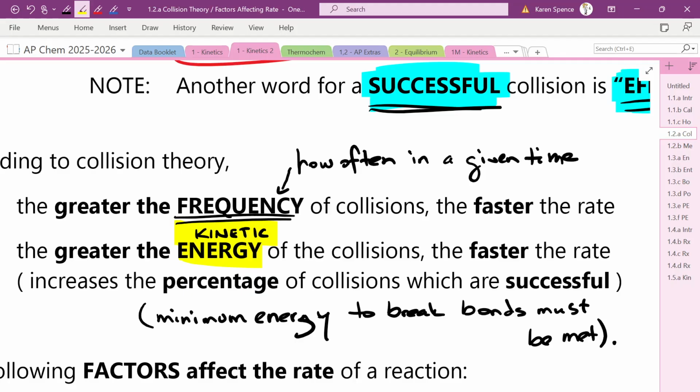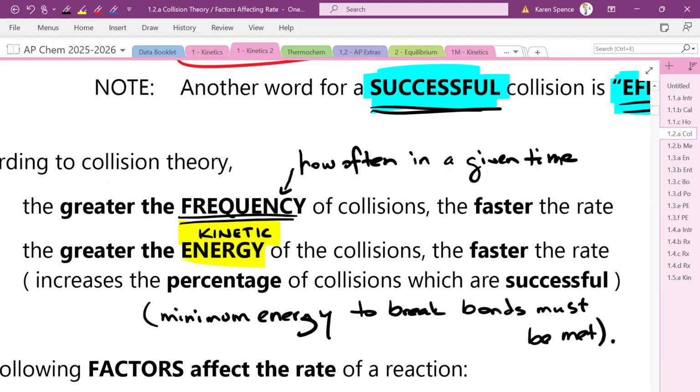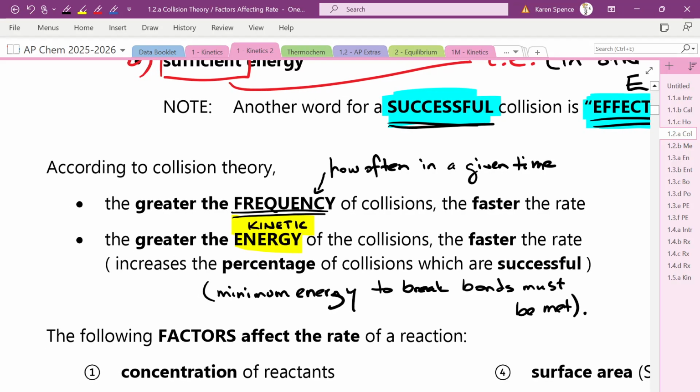Heat. Not heat, but you're on the right track. Temperature, yes. Okay, so we would measure this with temperature. So if you have a greater temperature, the collisions will have more energy, and therefore you'll have a faster rate.